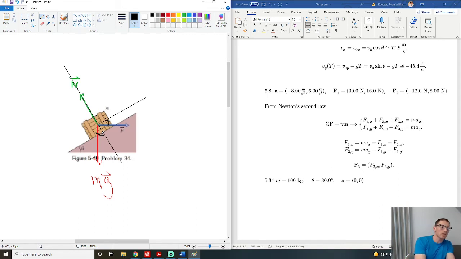And it's not a bad idea to make a really clear sketch because this can help you see this stuff. What I used to do in the intro classes is I would literally use a ruler to make my free body diagram. It's kind of nerdy, but I think it helped. So yeah.